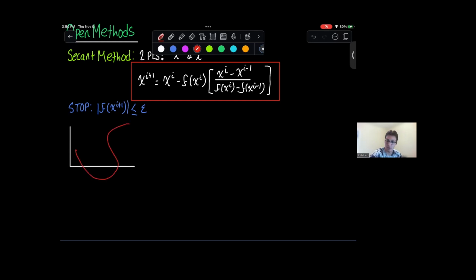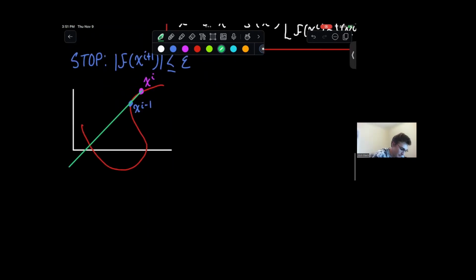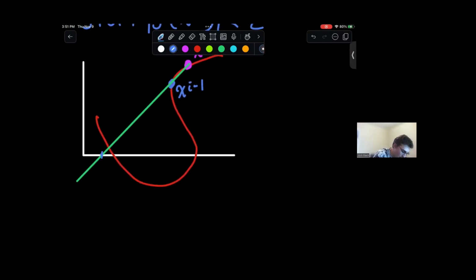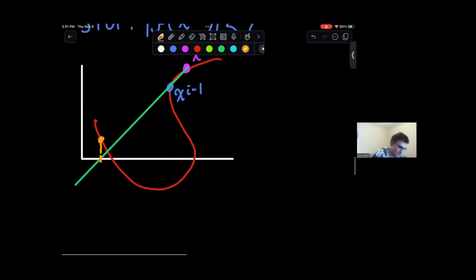We have a function that kind of looks like that. If we call this xi, and then this xi minus 1, we draw a line between the two of those. We find where the solution to that line is, or the root of that, and then we call this our new x.